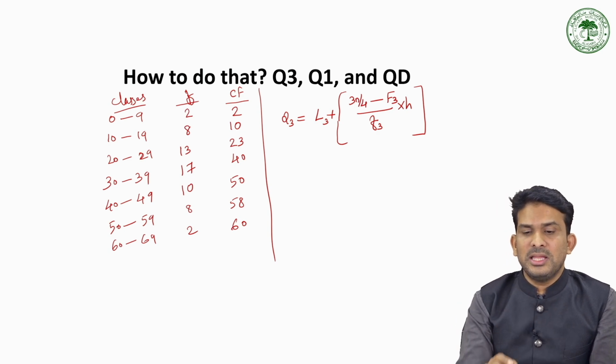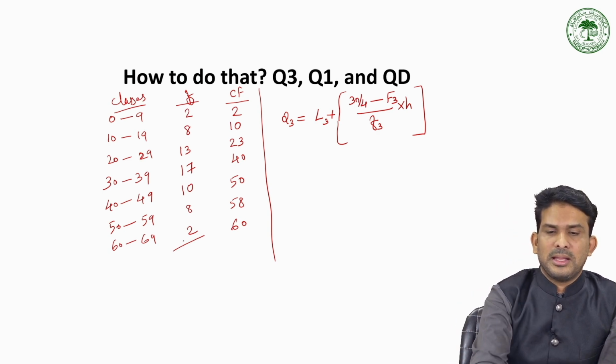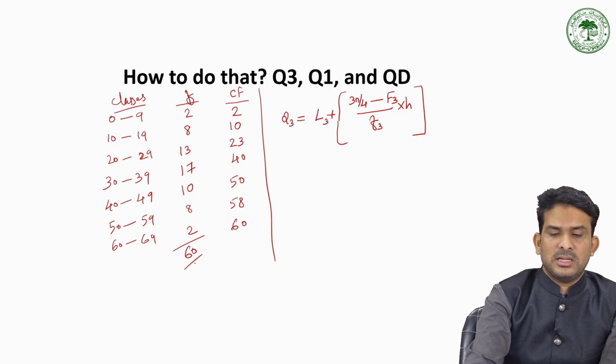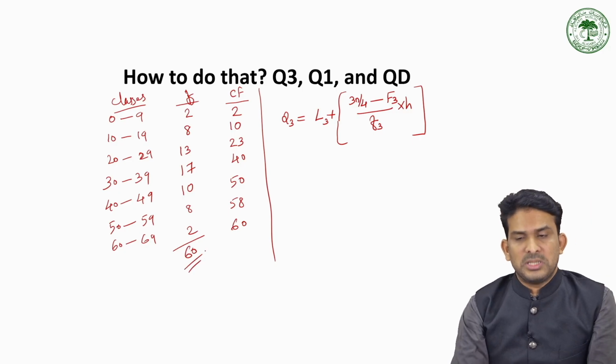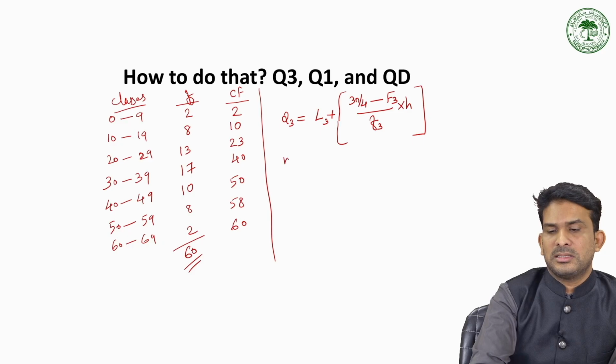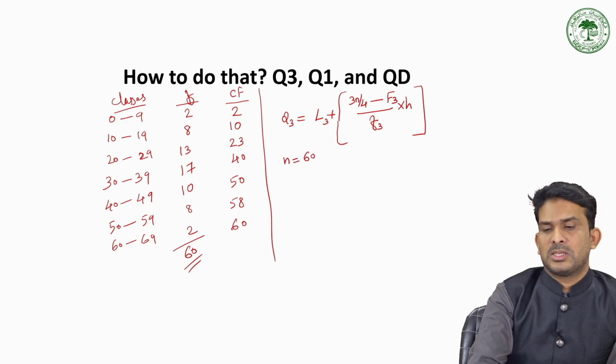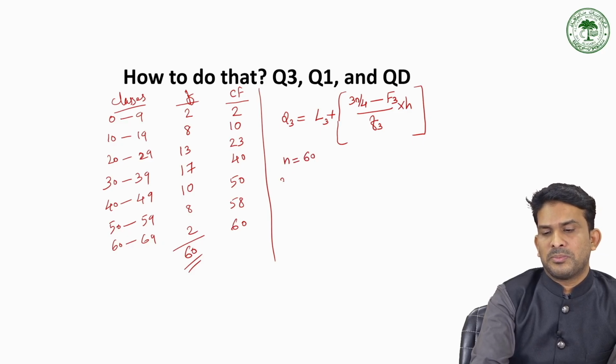So initially, what is total n? I'm just adding 10, 23, 30 plus 10, 40, 50, 58 and 2, 60. 60 is the total of frequency, that is n. N is 60. So what is 3n by 4?